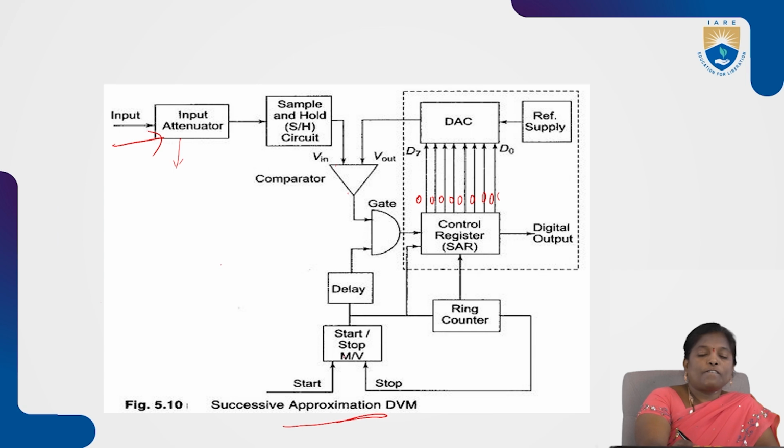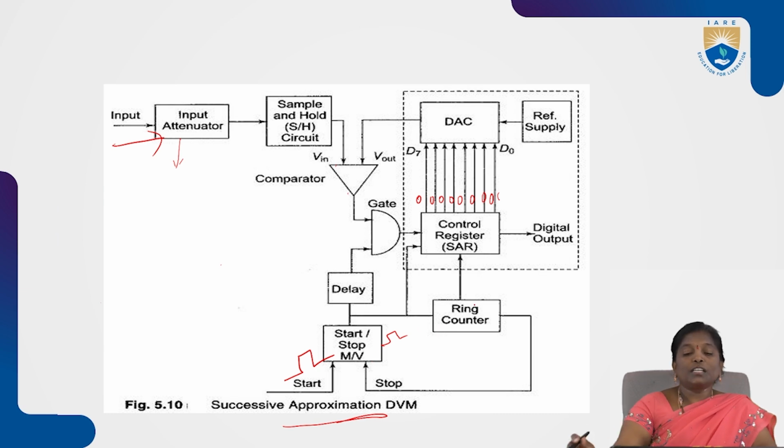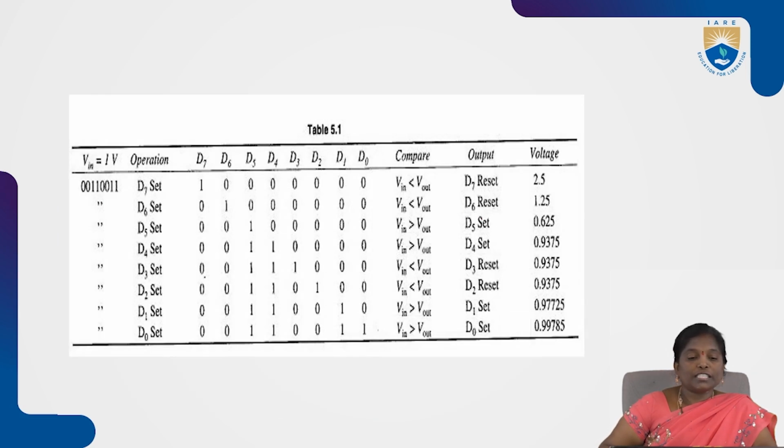Now we start the multivibrator. As the multivibrator starts, it sends a pulse signal to the ring counter, which gives the information to the control register.